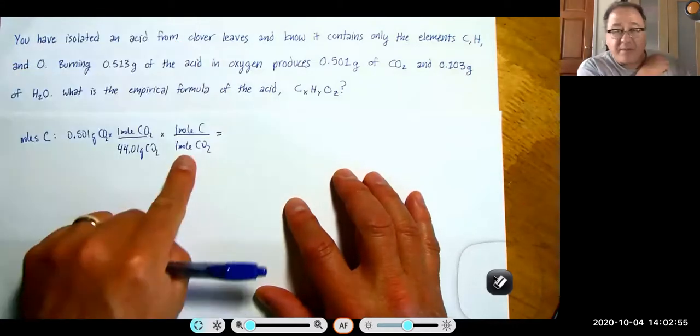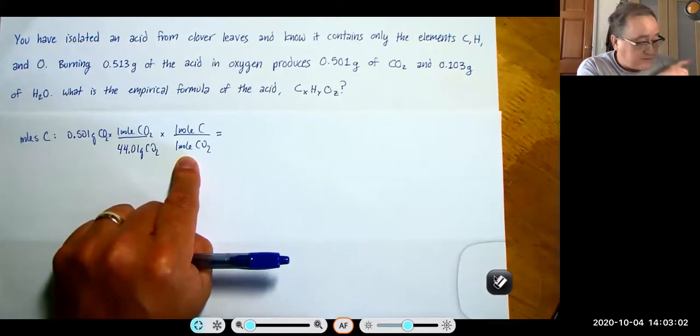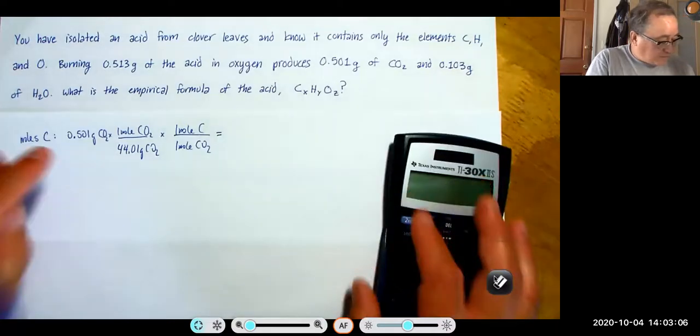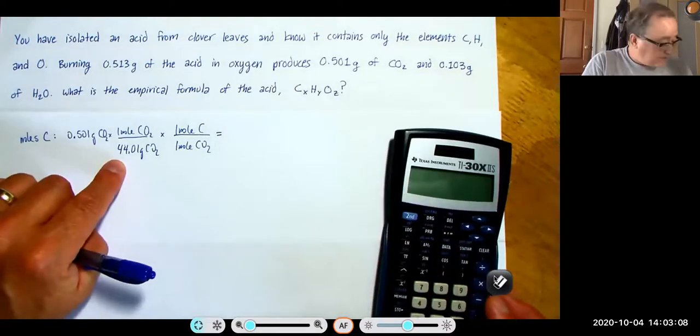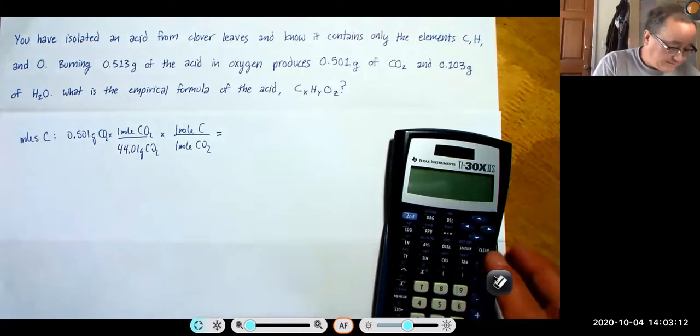Many students do not put this into their calculations, and it trips them up. You need to put it in there. So here we have 0.5 over 44. So this is not even going to be 1/10. It's going to be like 0.01, something like that.